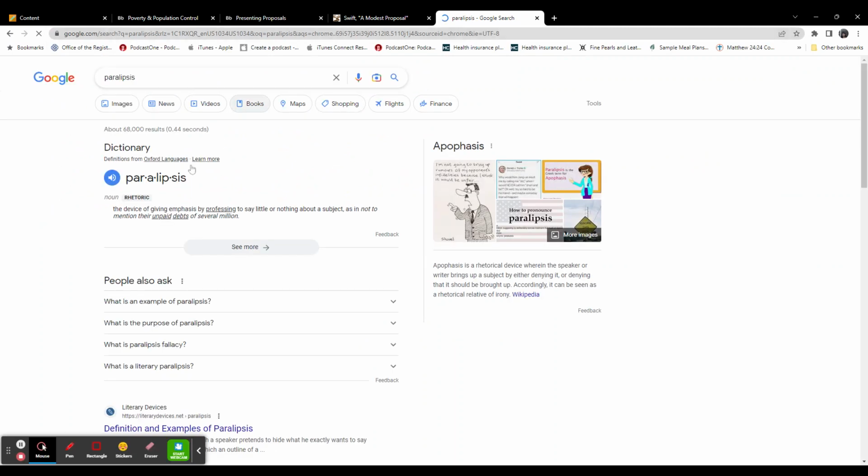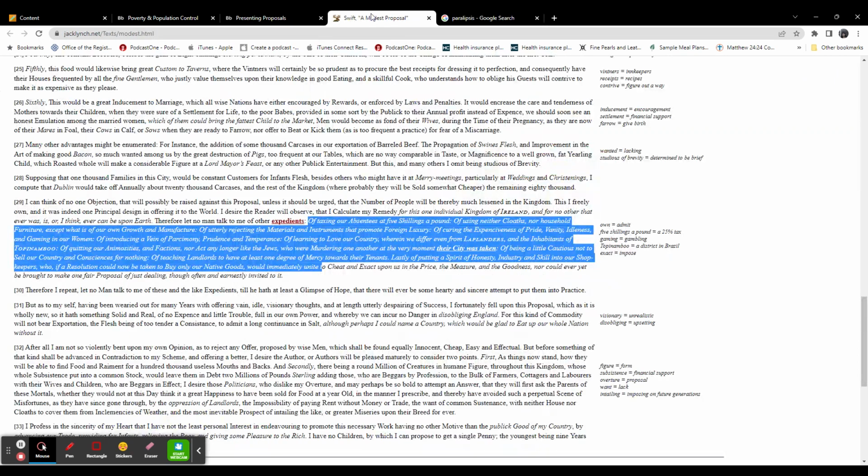And parallipsis is the device of giving emphasis by professing to say little or nothing about a subject, as in not to mention their unpaid debts. So it's essentially, I'm not saying that you need to change your mind, but I'm basically saying you need to change your mind. So then when he says, I don't want to talk of any other expedients, and he lists off all these different things, I don't want to hear anything about it, but he's saying what he wants to actually hear about.